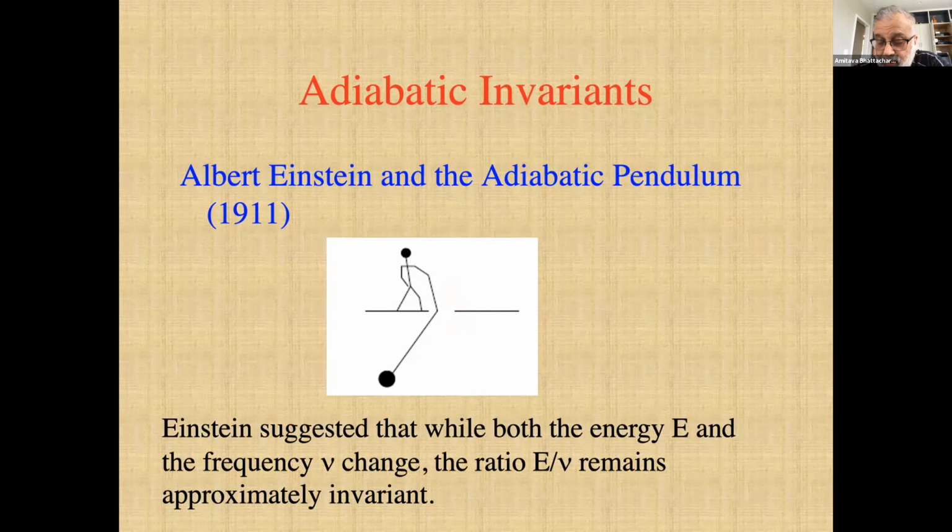This is actually very consistent with principles of quantum mechanics too. For those of you who know the history of quantum mechanics, Planck had suggested at the time that the energy of photons and their frequency is related by a simple relation called E equals h nu, where h is the Planck's constant.